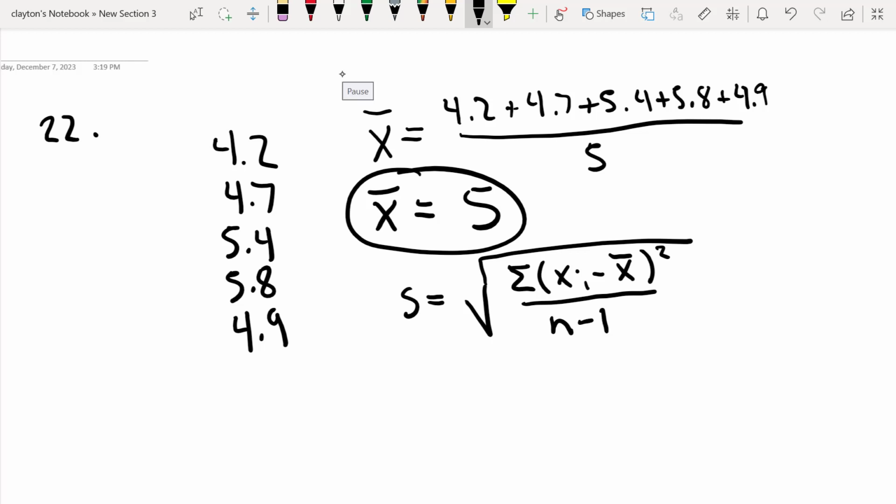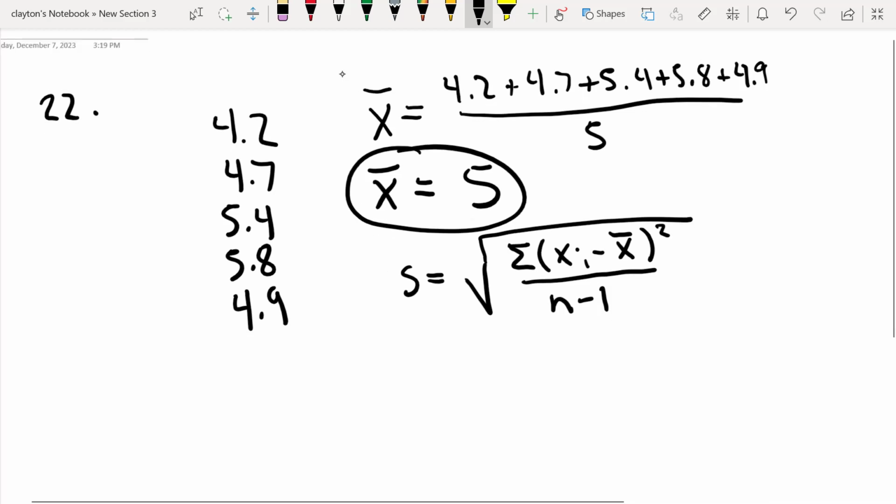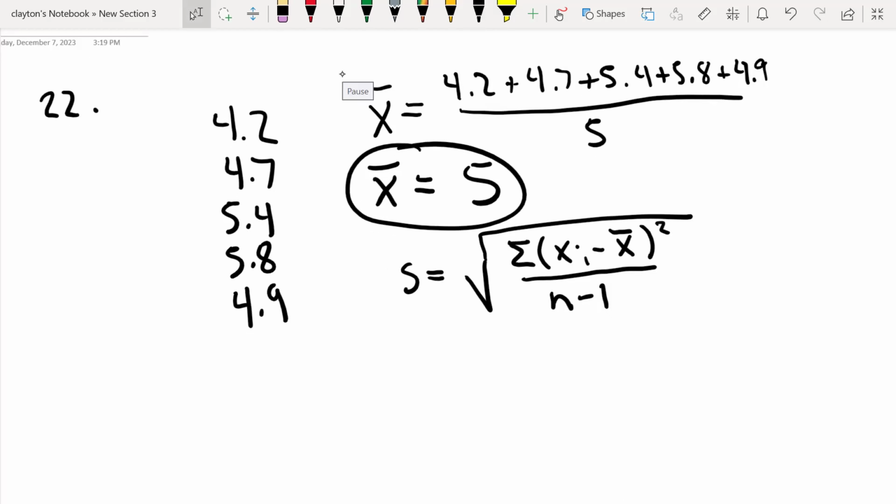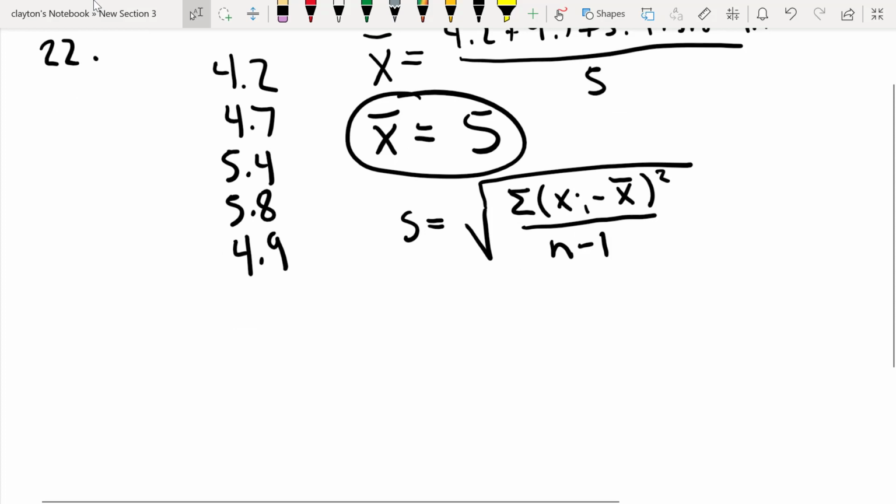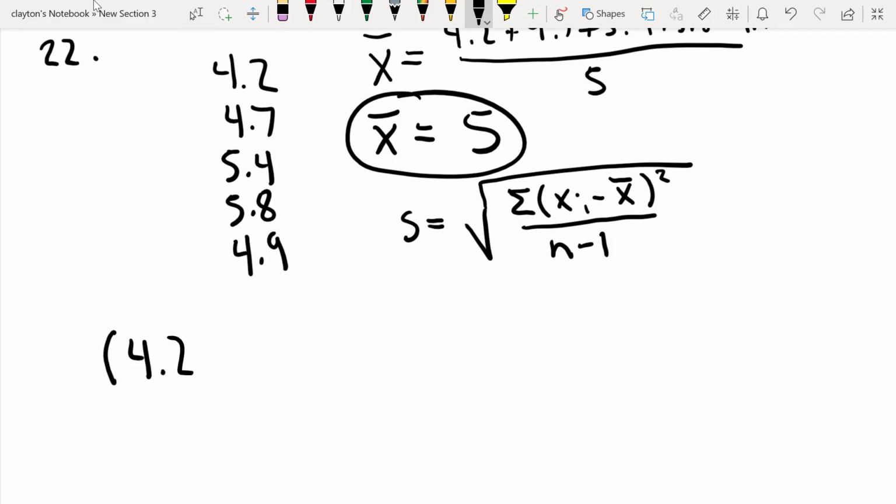I would also verify and double check with the calculator. But in this case, we need to do all these subtractions and summations. So I need 4.2 minus 5 squared plus 4.7 minus 5 squared, and so forth.